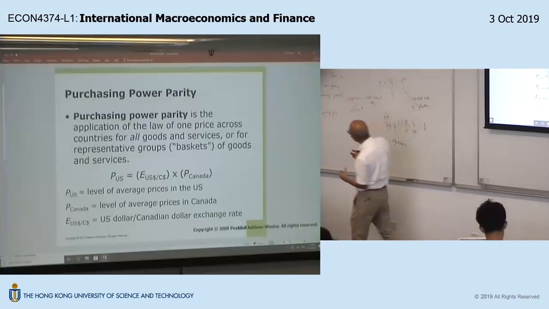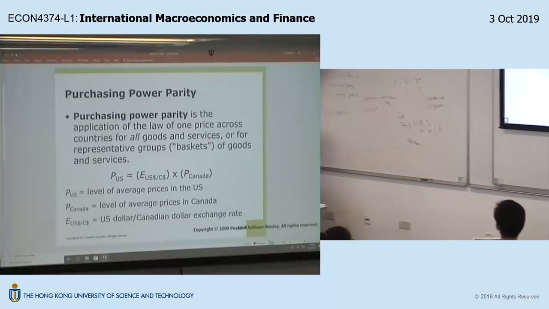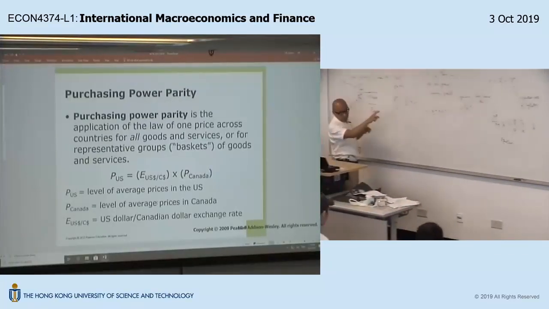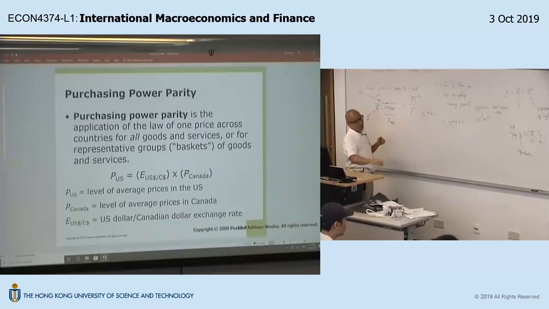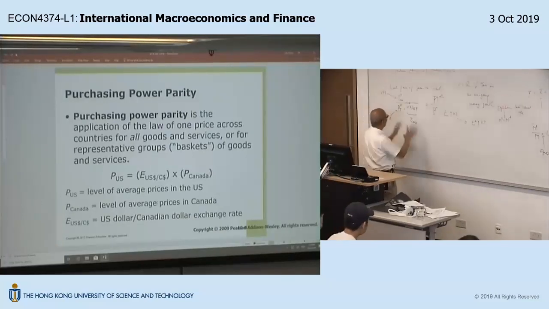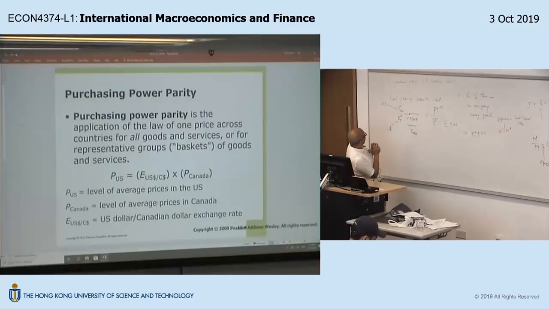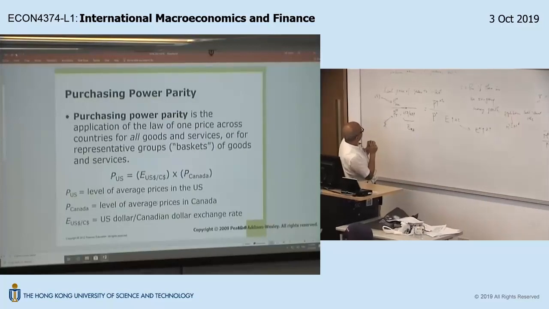What it means is that the absolute PPP, if it holds, actually means that this so-called real exchange rate is equal to 1. Here maybe we have to modify this a little bit, but this is the real exchange rate.